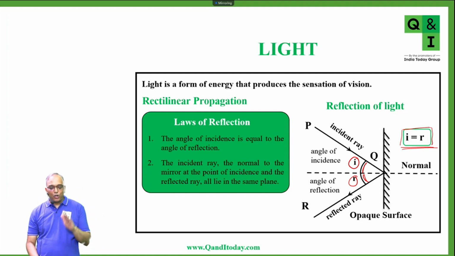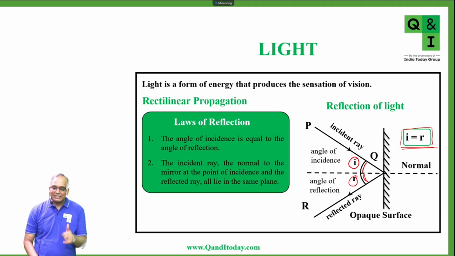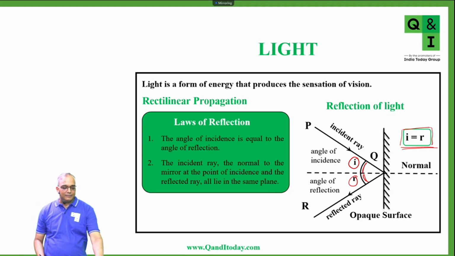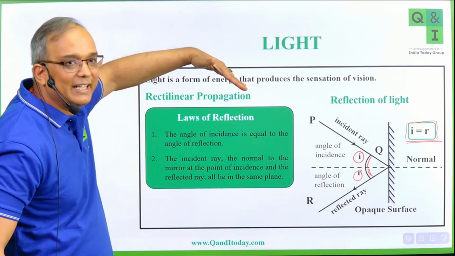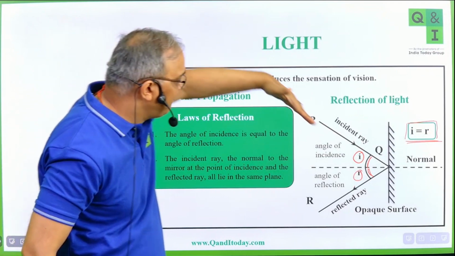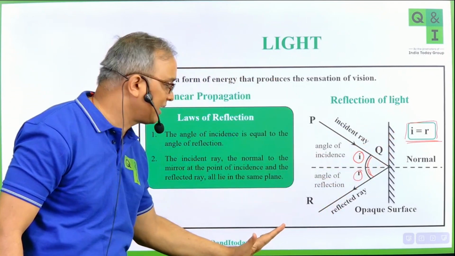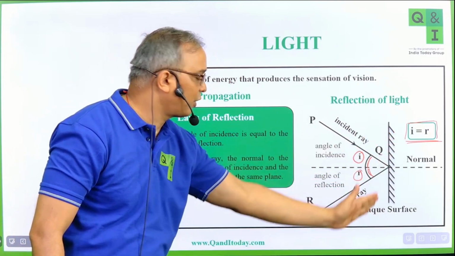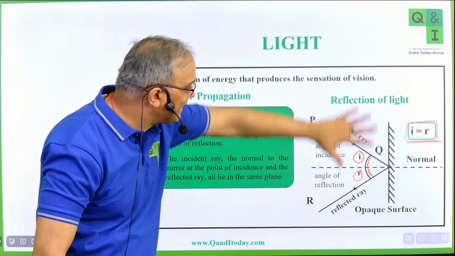The incident ray, the normal to the mirror at the point of incidence, and the reflected ray all lie in the same plane. What does this mean? This means that if a light ray is going in one plane, the incident light ray, and the reflected light ray, which is coming out from the opaque surface, all of this lies in the same plane.